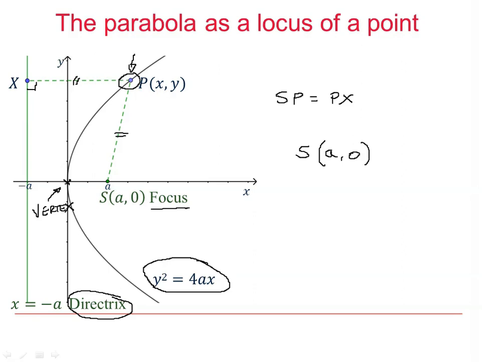Therefore, this distance here being equal to a means that the focus must be at the point (a, 0). The directrix is a line, and it goes through x equals negative a, and therefore the directrix is the line x equals negative a.